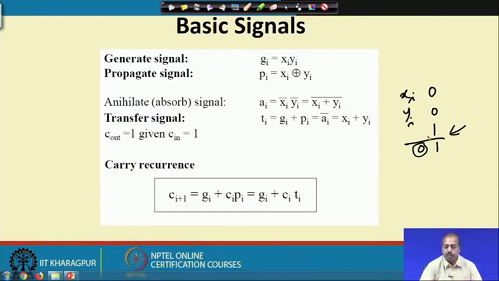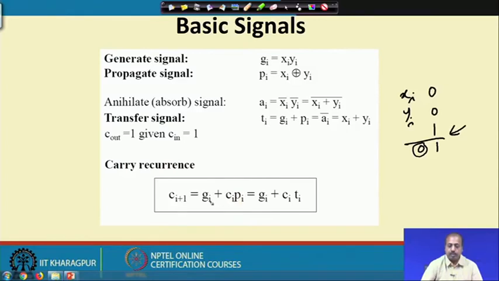So, this gi plus pi can be written as ai bar, which is xi or yi, and Cout is 1 given Cin equal to 1, and the carry recurrence is like this. I can say that Ci plus 1 is either the carry is generated at this stage, or there was a carry coming from the previous stage and this stage allowed propagation.